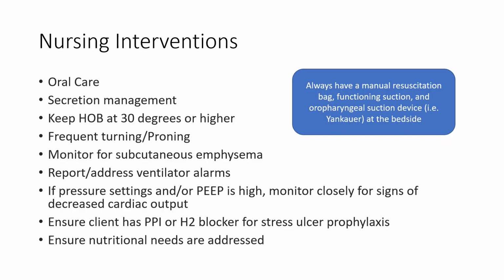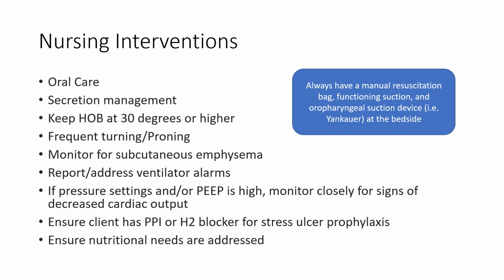But frequent oral suction is important. And remember, when we are suctioning that ET tube, you want to pre-oxygenate the patient with 100% for 2 minutes. You want to make sure that you do not suction greater than 10 seconds and that you are watching the patient to make sure they're tolerating it.